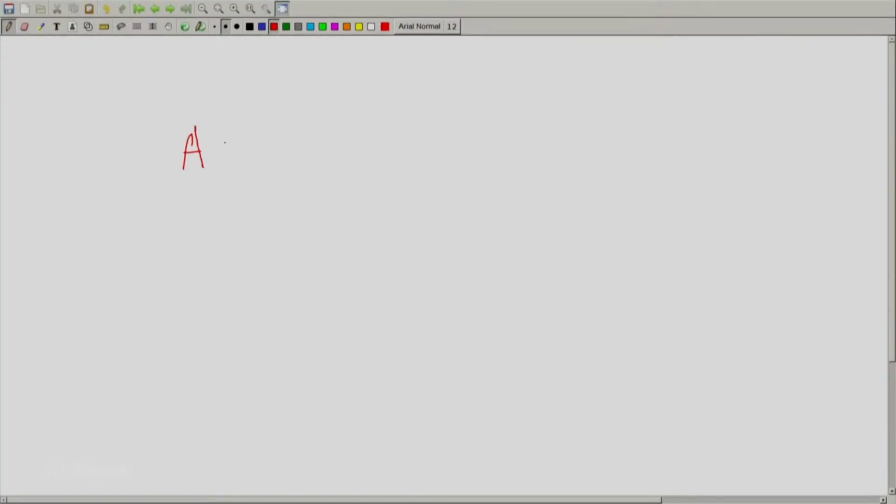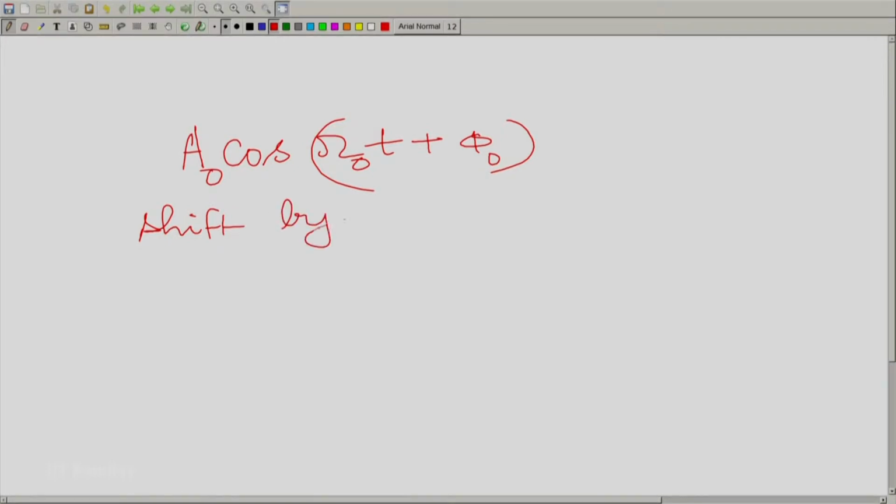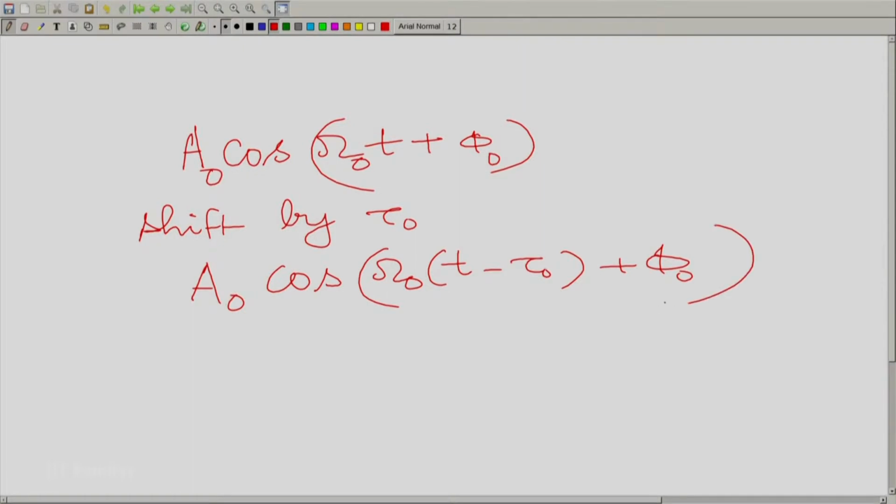So, let us consider A sine or cos omega naught t plus phi naught. Let us make it A naught and let us shift this by tau naught. So, it becomes A naught cos omega naught times t minus tau naught plus phi naught.